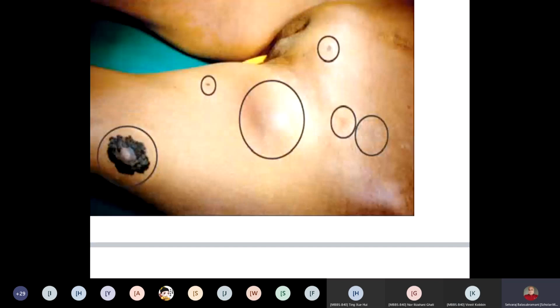Yesterday, when I was talking about the sentinel lymph node biopsy in CA breast, I told you that in two other pathologies also we do sentinel lymph node biopsy. What are those two pathologies?